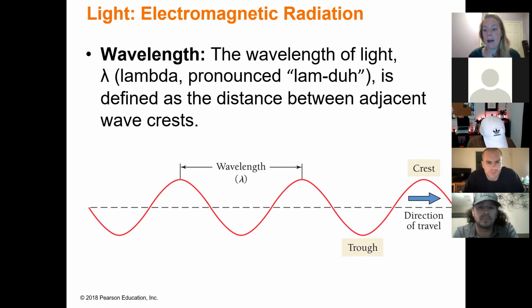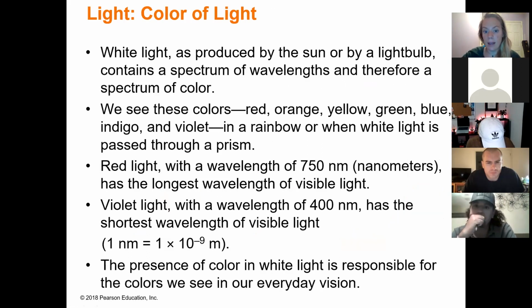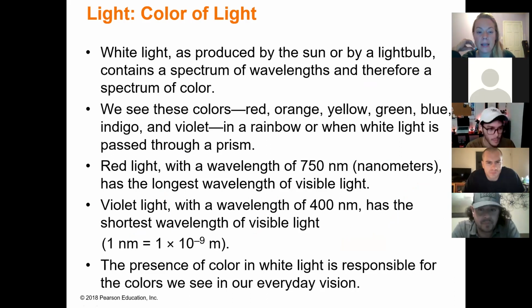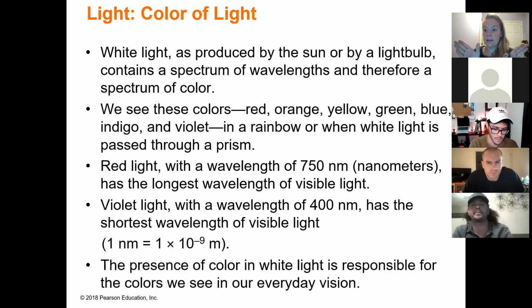So that happens even within natural light. When we have the colors of the rainbow, red light is a much longer wavelength than violet light. Specifically, if I was to take natural light, like from the sun or from an incandescent light bulb, not neon lights, but incandescent lights, and we run it through a prism, we split the light up because natural light has all the colors in it, right?